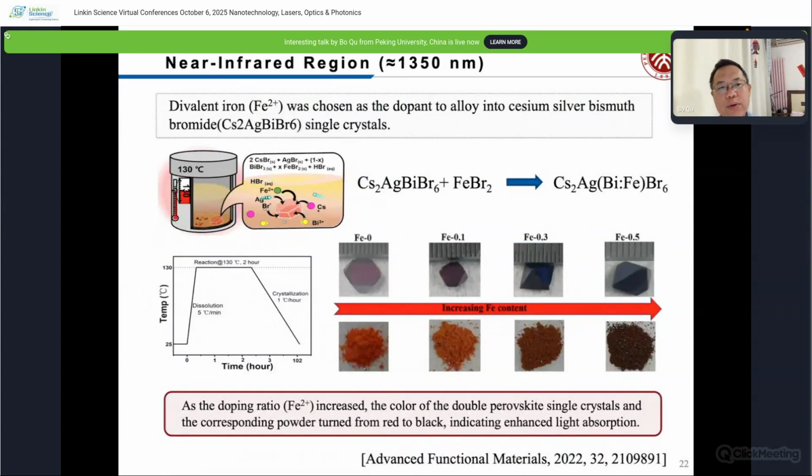To resolve the issue, a divalent ion was chosen as the dopant to alloy into cesium silver bismuth bromide single crystals. As the doping ratio increased, the color of the double perovskite single crystals and the corresponding powder turned from red to black, indicating the enhanced light absorption.